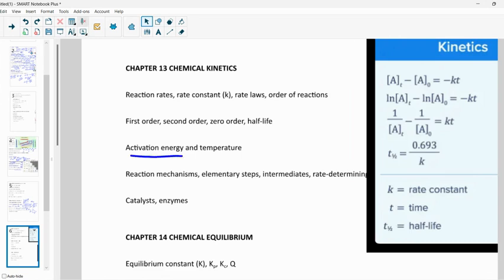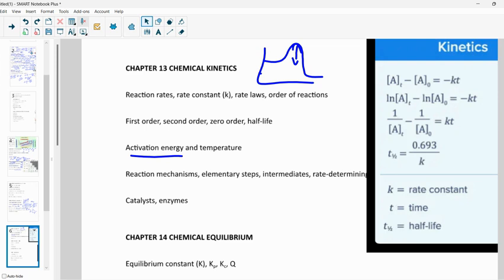Activation energy. How does activation energy play a role in these reactions? Right, the higher this is, the slower the reaction is going to be. The lower the K value, the rate constant, is going to be.